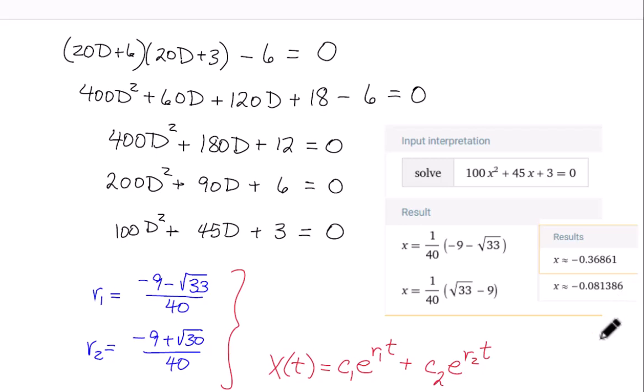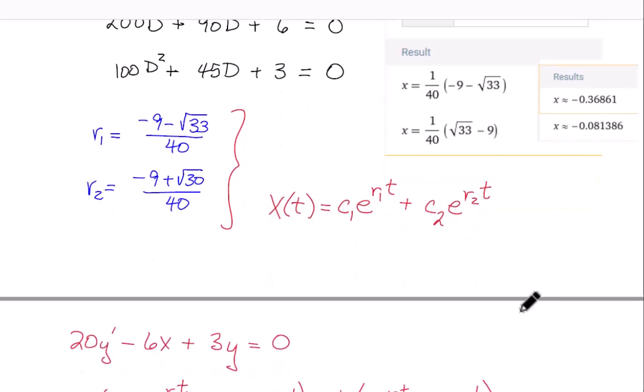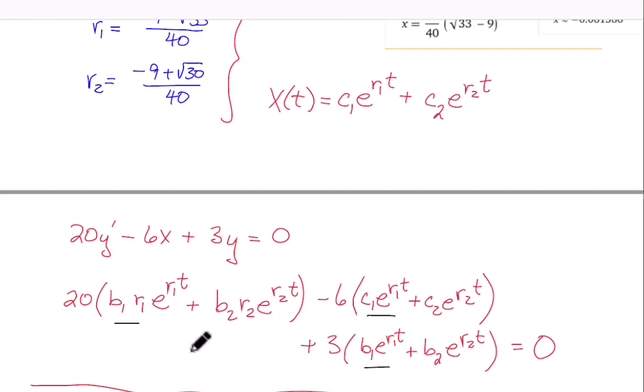So the good news is we're essentially done. I now know what x of t looks like. To figure out what y of t will look like, I plug all this stuff in. All right, now I'm starting to match coefficients.